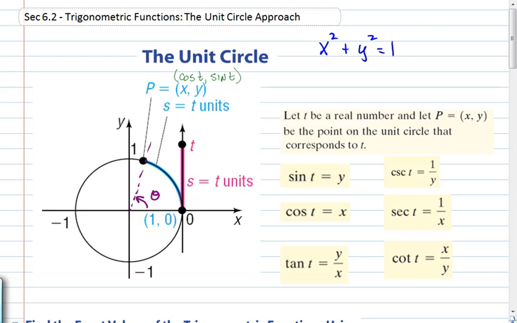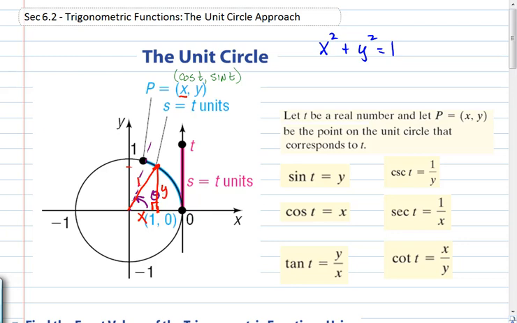Well, what they're doing, if you remember your right triangle trigonometry, is they took this point on the unit circle and dropped a perpendicular line. There's a right triangle. This distance right here is x, this distance is y, and the radius is 1.